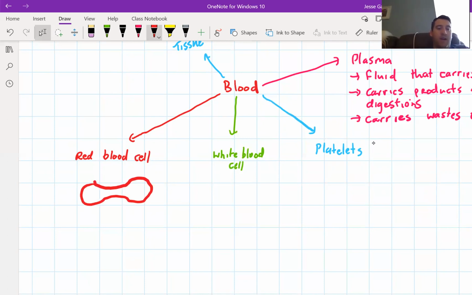Okay, this here we call a biconcave shape. That's more a word to worry about for later. I just wanted to make you aware of what it's called. This is just describing the shape of the cell. Bi meaning two, and concave meaning it kind of caves in.